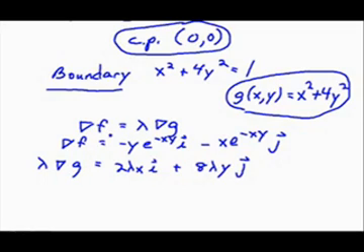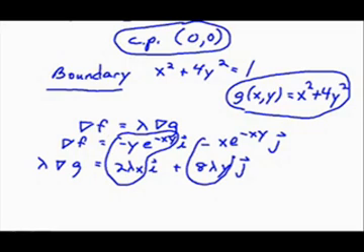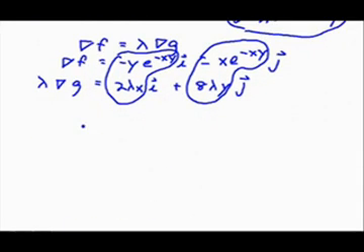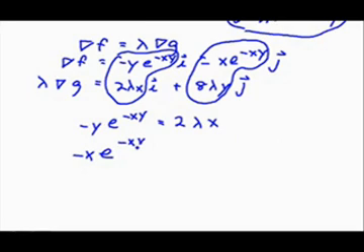So if ∇f = λ∇g, then corresponding components are equal. Set the corresponding components equal. So -y e^(-xy) should equal 2λx, and -x e^(-xy) should equal 8λy.